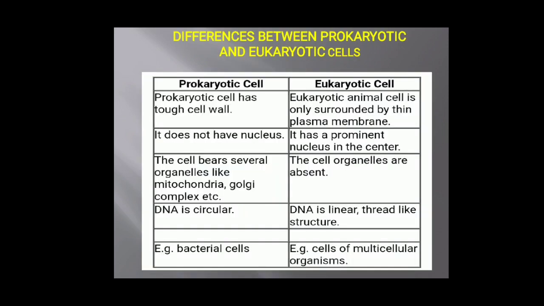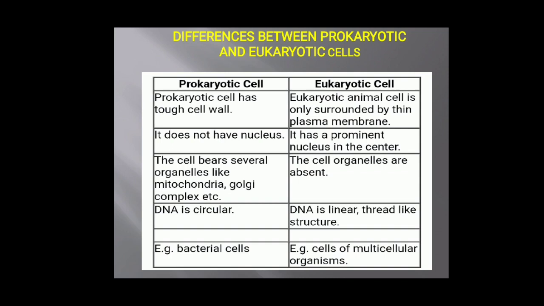To better understand that, let us see the differences between prokaryotic and eukaryotic cells. The prokaryotic cells are surrounded by a rigid cell wall, and the eukaryotic animal cells are surrounded only by a plasma membrane. The prokaryotic cells do not have a distinct nucleus, but eukaryotic cells have a prominent nucleus in the center. In prokaryotic cells, the contents of the nucleus and cytoplasm are mixed and all the cell organelles are suspended inside the cell.